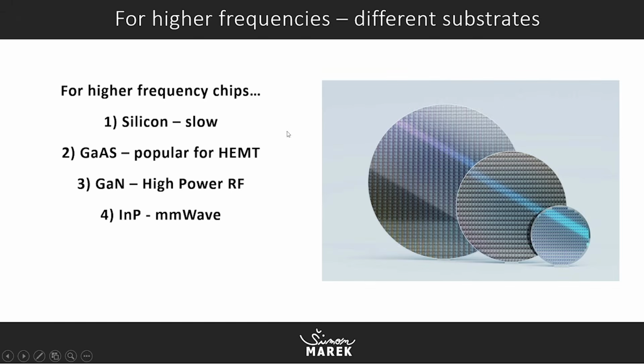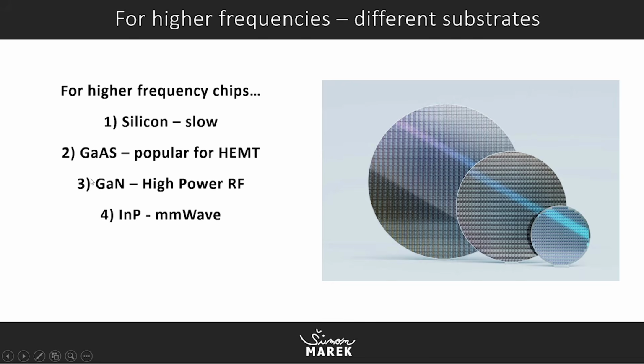And here is a breakdown of different substrates for different types of frequency chips. The first very common one is silicon, which is now very popular for normal circuits, but this is very slow. There is gallium arsenide, which is very popular for high electron mobility transistors.